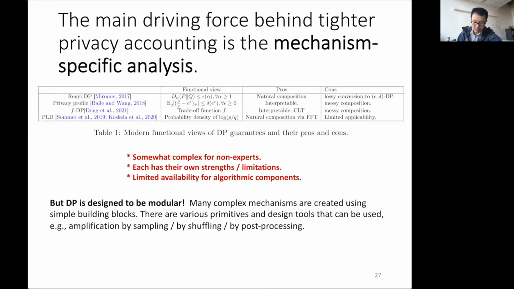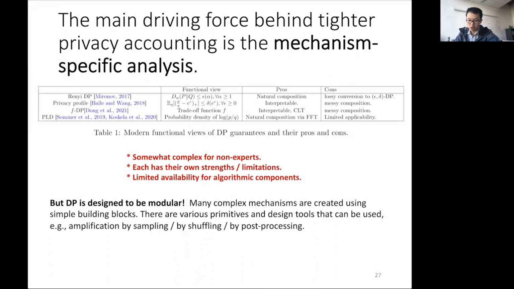I have talked about these primitives such as amplification by sampling, amplification by shuffling, and post-processing, and so on. Loosely speaking, they are tools that allow us to make the privacy guarantee better with either pre-processing or post-processing of the output.